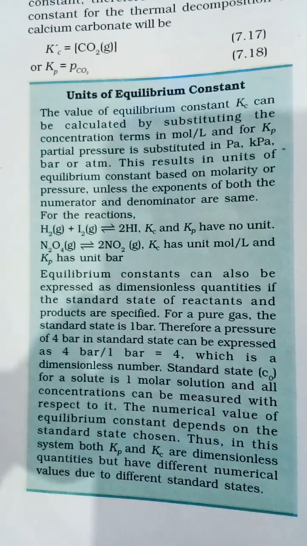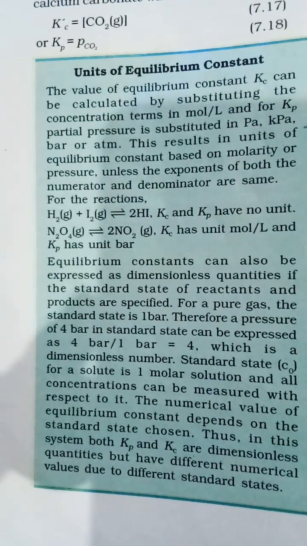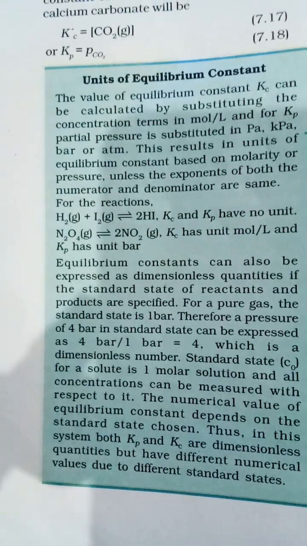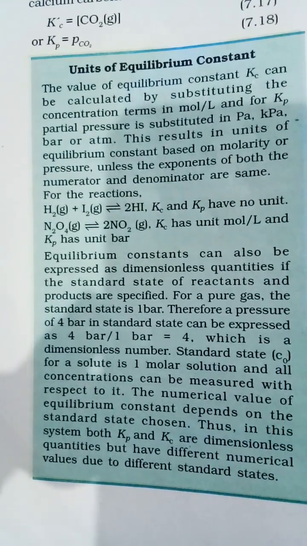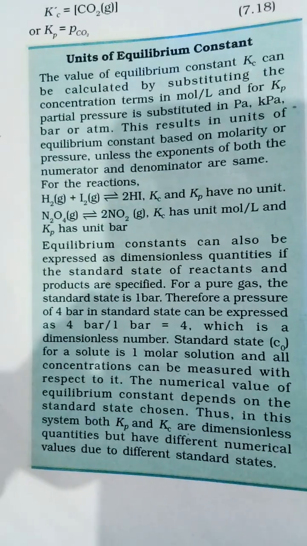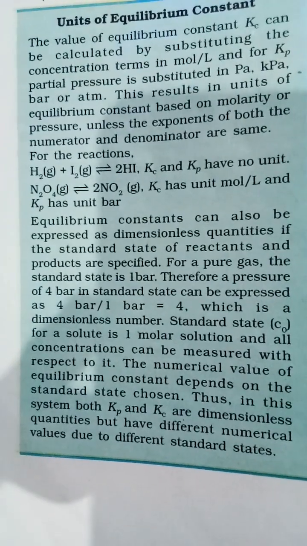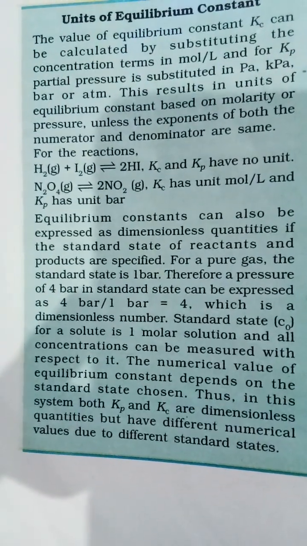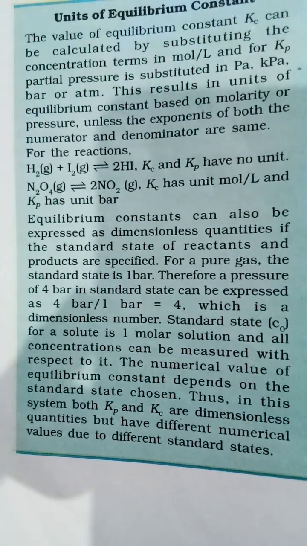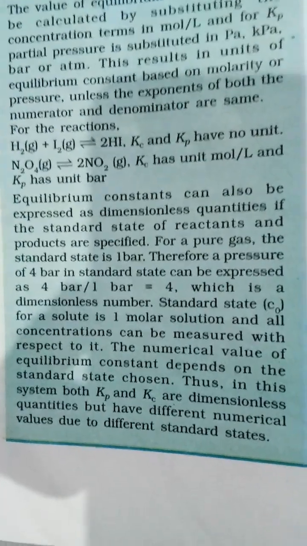This results in a unit of equilibrium constant based on molarity or pressure, unless the exponents of both the numerator and denominator are the same for the reaction. For H2 gas plus I2 gas in equilibrium with 2HI, Kc and Kp have no unit. For N2O4 gas in equilibrium with 2NO2 gas, Kc has unit mole per liter and Kp has unit bar.